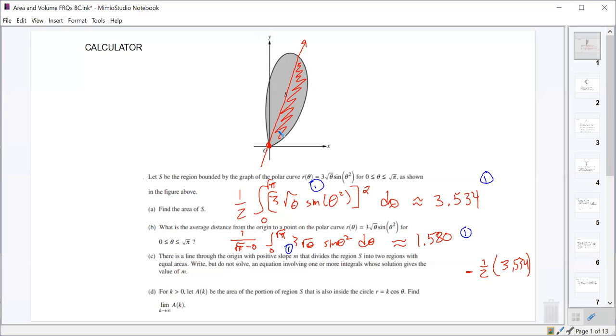It's still going to be an integral of our function squared with a 1/2 out in front. And we're going to integrate from 0 to something, but we've got to figure out what that theta value is right there. And how do we figure out what that theta value is? Anybody find a good way to do that?